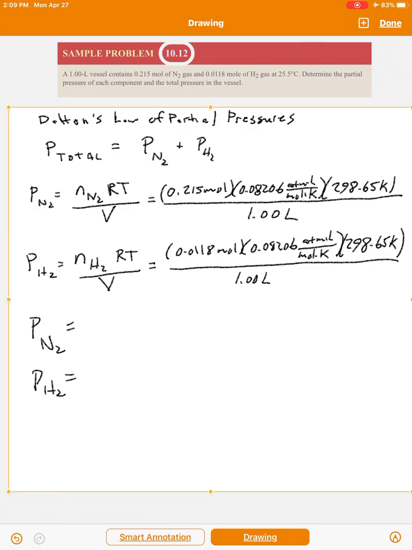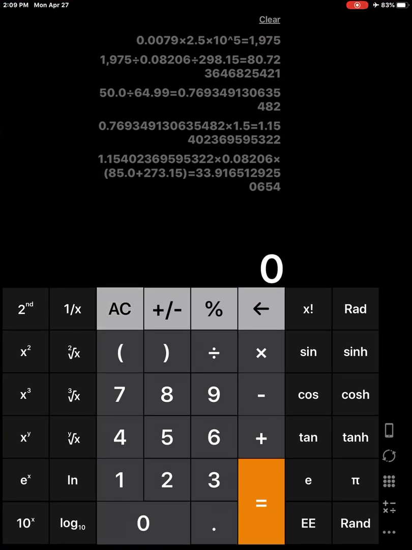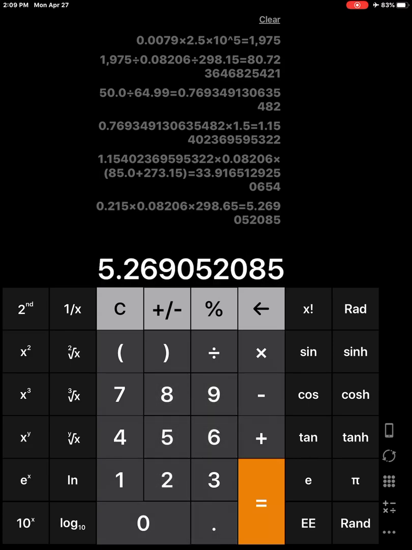Okay, so let's go ahead and do the nitrogen. It is 298.65 Kelvin and 0.215 moles. 0.215 moles times 0.08206 times 298.65 over 1. 5.27 atmospheres.